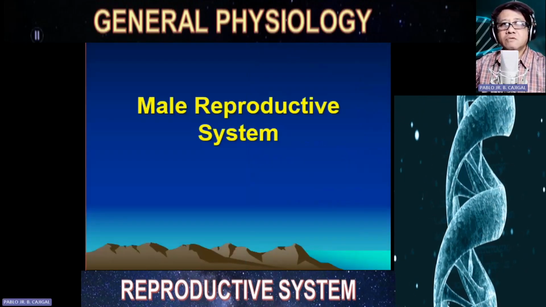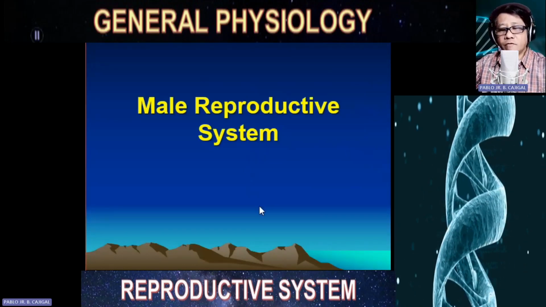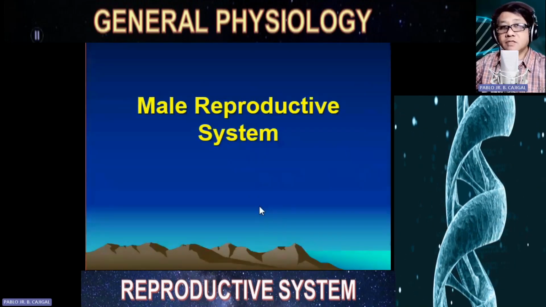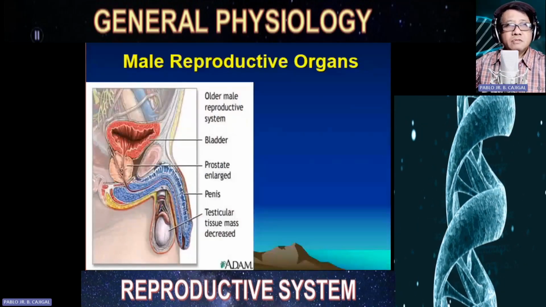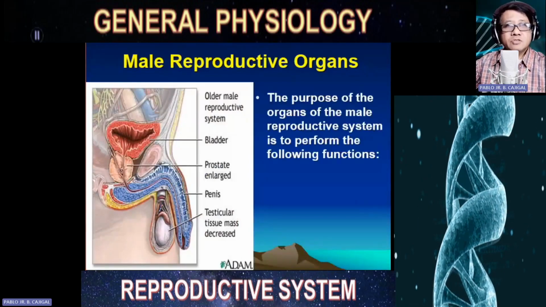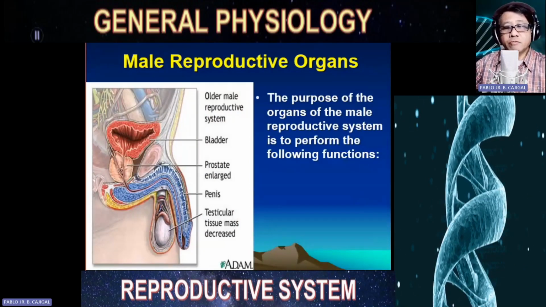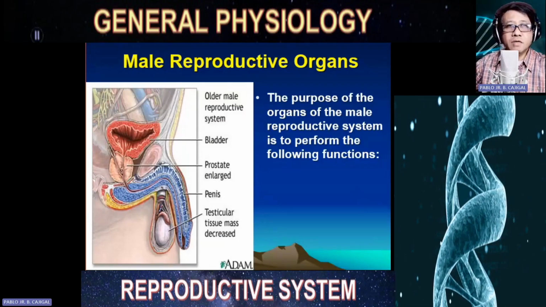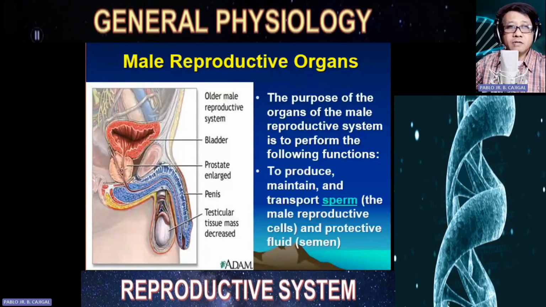Alright, let us now go into the details of the reproductive system of both male and female. Let's start with the male reproductive system. First, let's mention the function of the male reproductive organs. The function of the male reproductive organs is to perform the following.